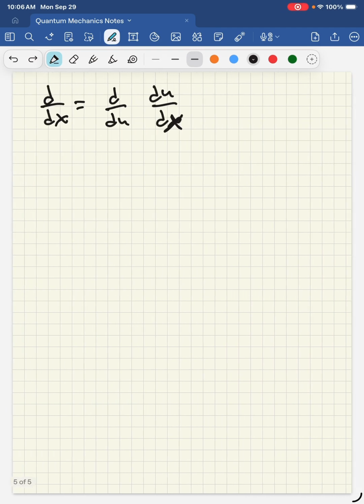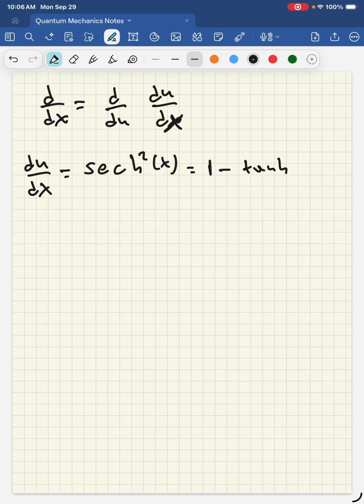So du over dx is actually equal to the hyperbolic secant squared, which is 1 minus the hyperbolic tangent squared. This is a property that connects the hyperbolic secant and the hyperbolic tangent. You can check any math methods book; I'm not going to prove it, I'm just going to use it. So this is equal to 1 minus u squared, and this is our equation 3.